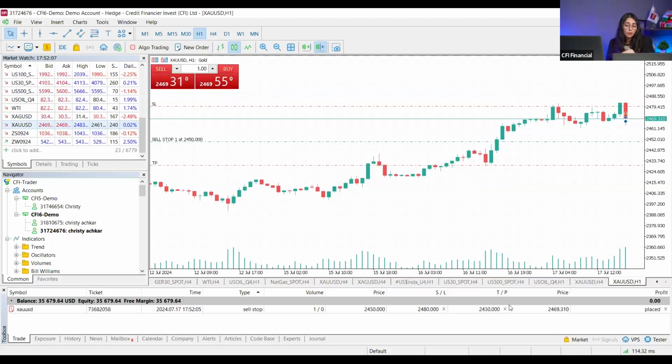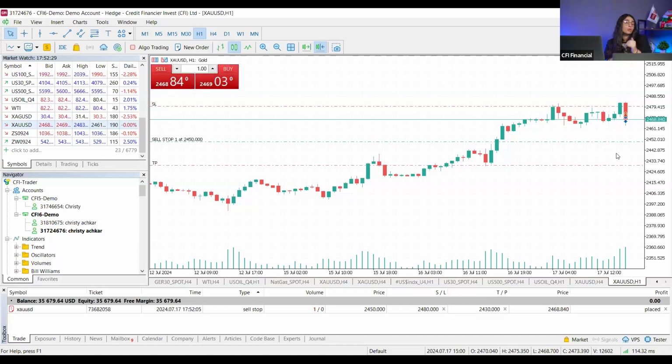As you can see below, my trade is not executed. Why is it not executed? Because the current market price now is at approximately 2,468. Once this price reaches my sell stop level, the trade will automatically be executed.